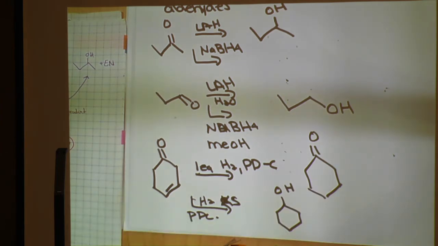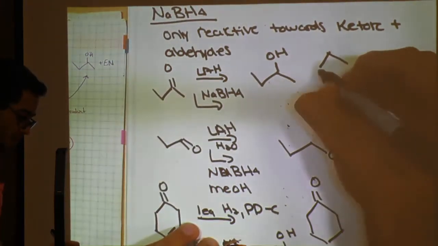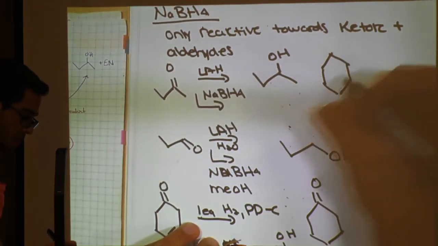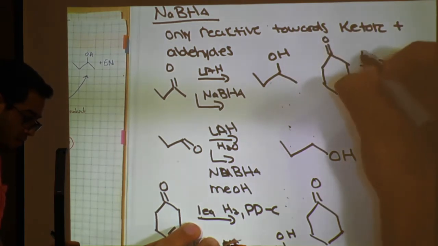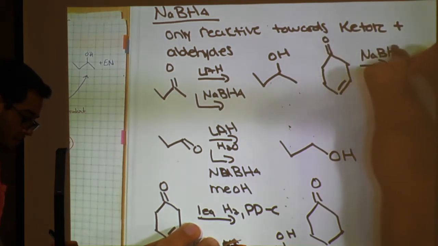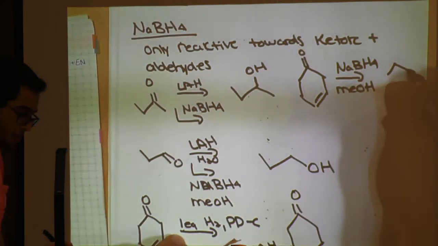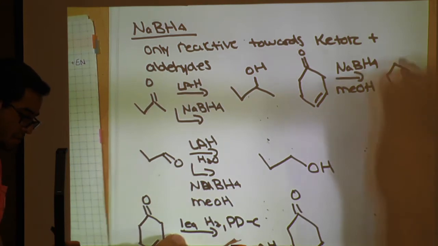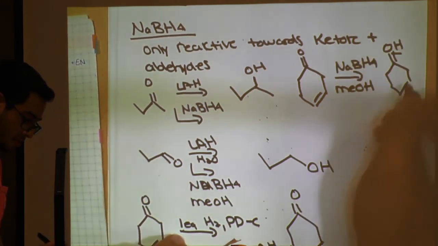While NaBH4, if you remember, is only going to go after the carbonyl group. So when we use NaBH4 in this situation, it just reduces the carbonyl and leaves the alkene alone.